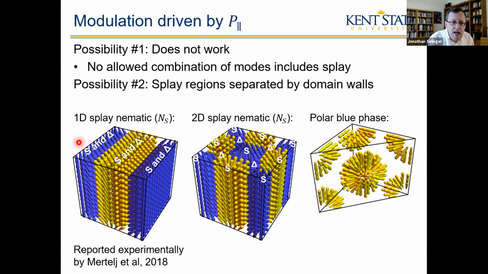So there could be a one-dimensional splay nematic phase like this, okay, with a splay domain and then a wall and another domain and another wall and so forth. That could be arranged in this one-dimensional style. It could be arranged in this two-dimensional fashion with a checkerboard lattice of splay up and splay down. Or it could be arranged in an even more complicated three-dimensionally modulated way like this.